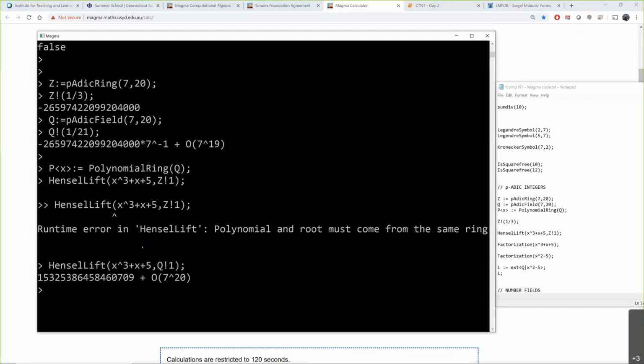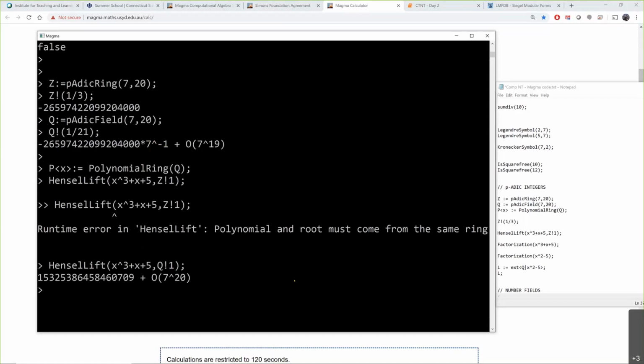But you cannot divide by 7 in that ring, while in the p-adic field, Q7, I have the ring of integers and I've inverted 7. That's why when I did 1/21, the expansion allows for a denominator of 7. So the difference is between Q7, Z7, and the integers mod 7.